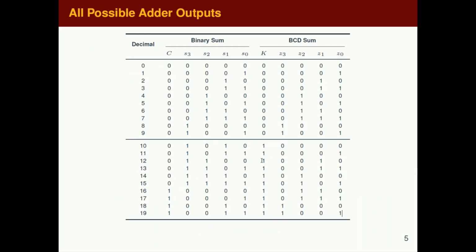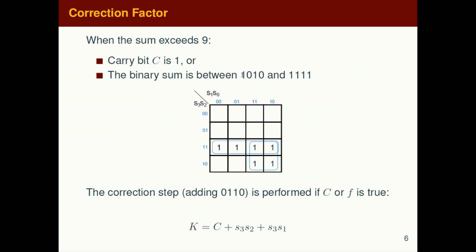So your carry bit is 1, which is K is 1, and then the binary sum is between 1010 and 1111. So when we derive the K-map, inside the cell represents the K. So for example, the first cell here, 0 0 1 1, K is 1.